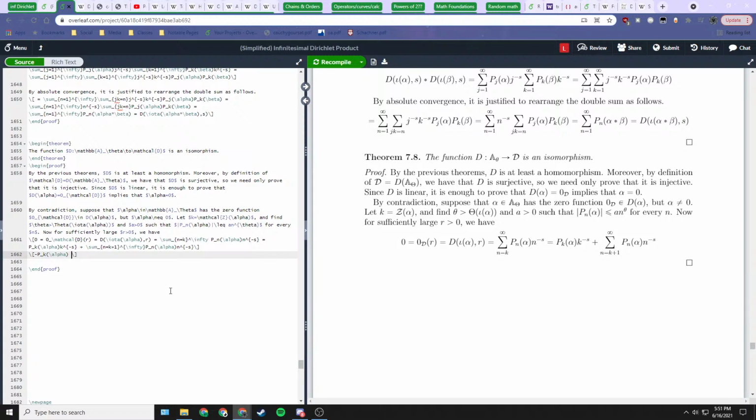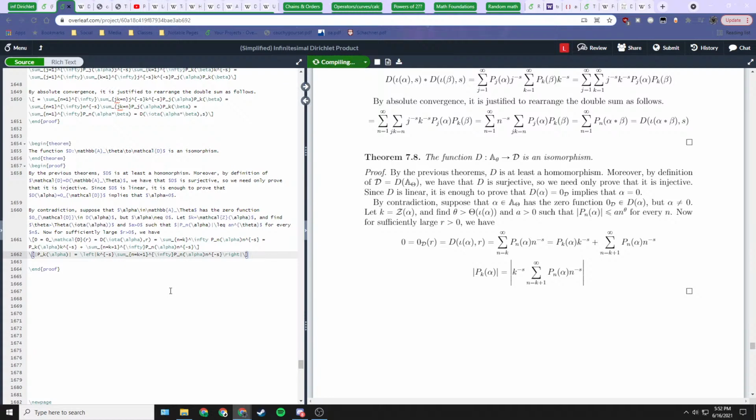This is equal to k to the power minus s times the summation n equals k plus 1 to infinity of p sub n of alpha times n to the power minus s. We can also take the absolute value of this, and the negative will cancel. So the absolute value of p sub k of alpha is the absolute value of k to the power minus s times all this.